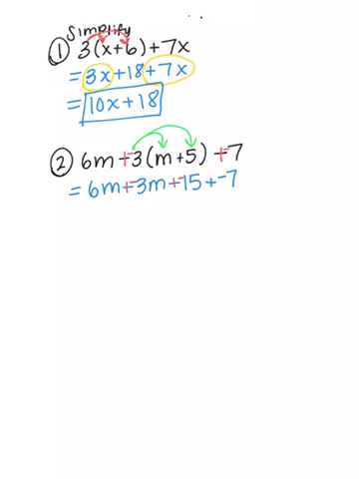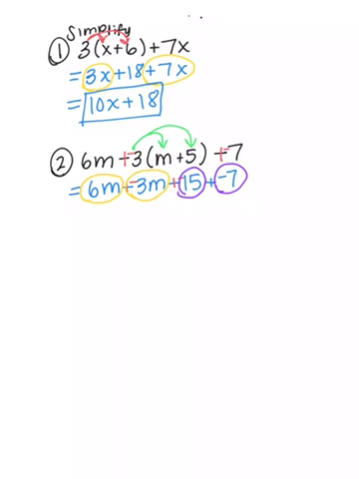So I have 6m, which would be a like term with negative 3m. And then I have negative 15, which is a like term with negative 7. So when I take 6m plus negative 3m, they have different signs.